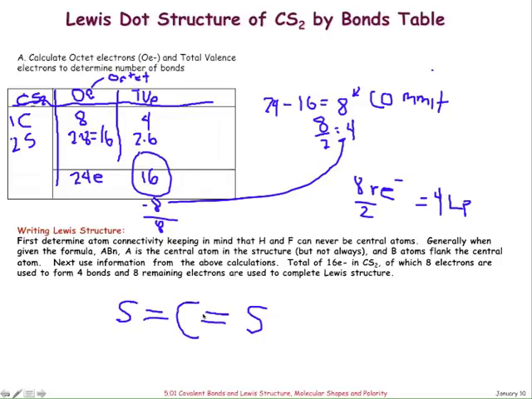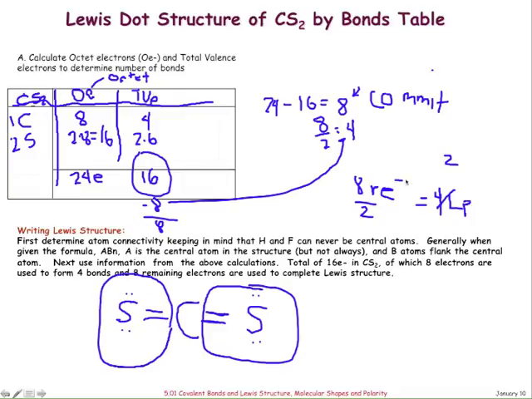This sulfur has 2 electrons here, 2 electrons here, so it already has 4. It needs 4 more, for a total of 8. It obeys the octet rule. Of the 4 lone pairs, we're down to 2. This sulfur needs 2 more lone pairs, and that gives it 8. And guess what? We've used up all our lone pairs. This would be the Lewis structure for carbon disulfide.